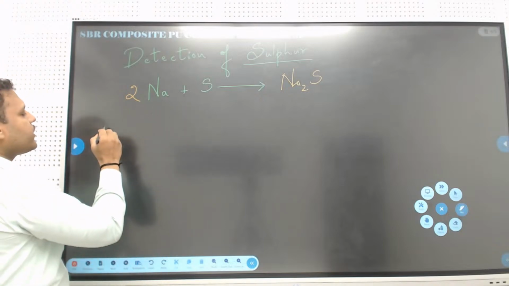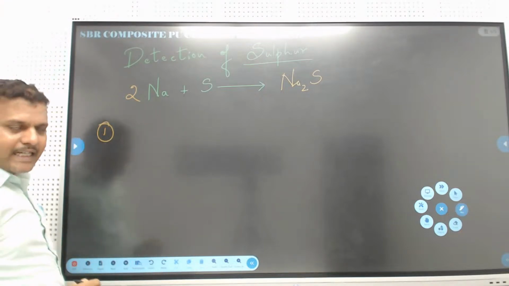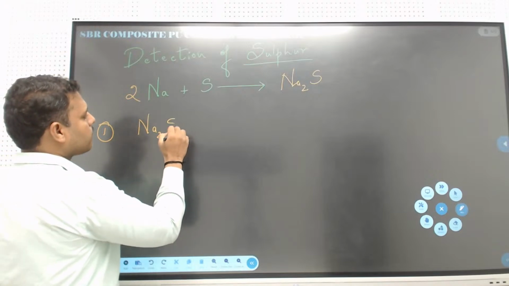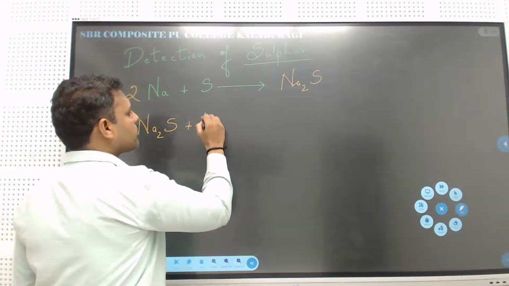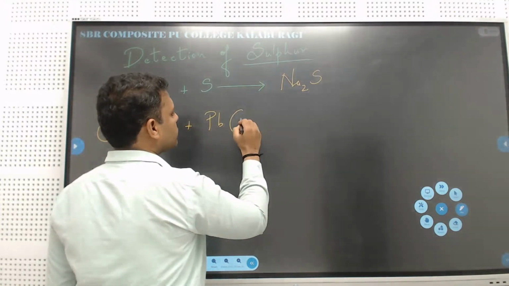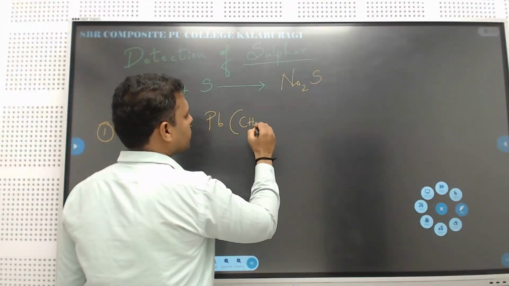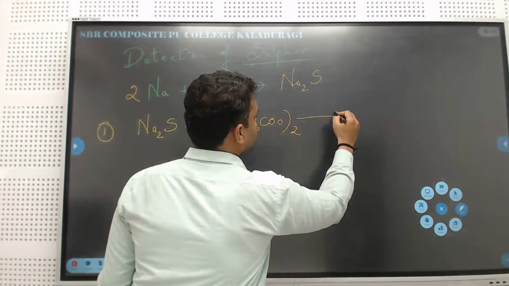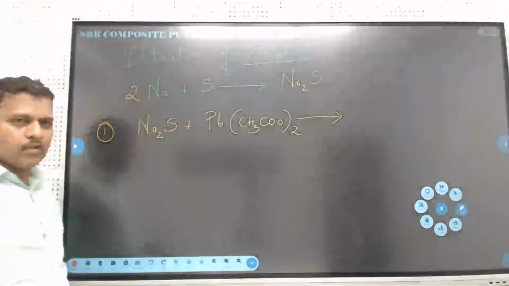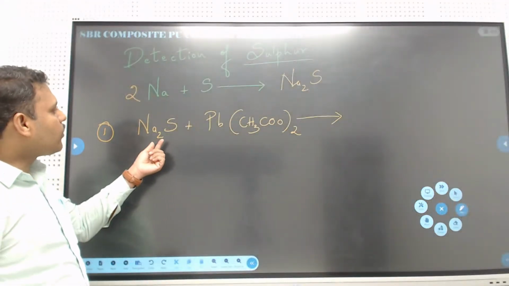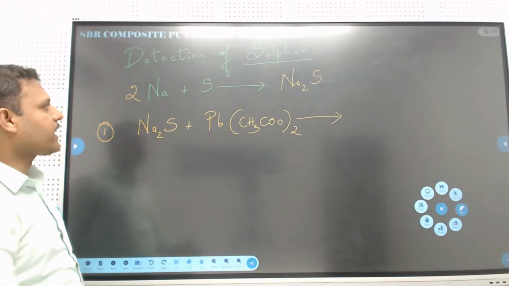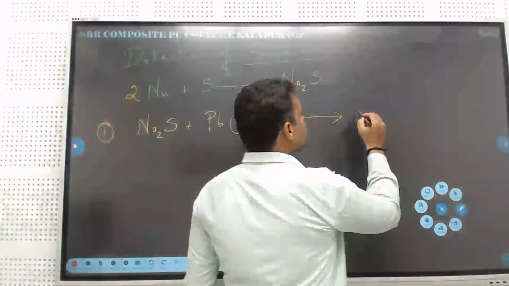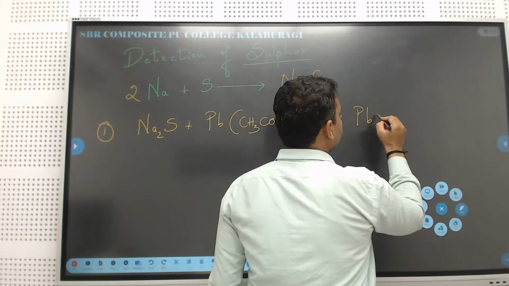One is by the addition of lead acetate. Addition of lead acetate to a little amount of sodium fusion extract where sulfur is present in the compound will give rise to the precipitate of PbS.